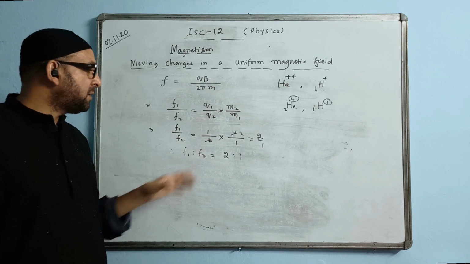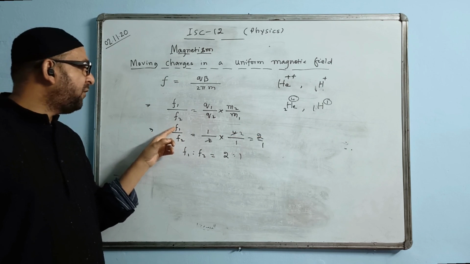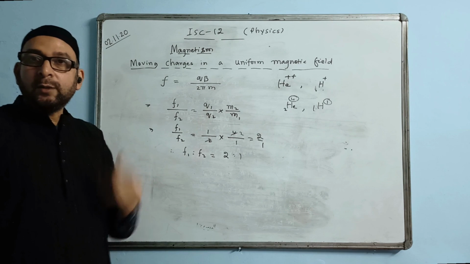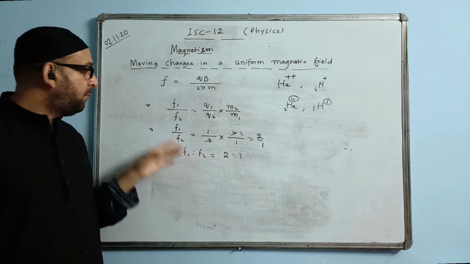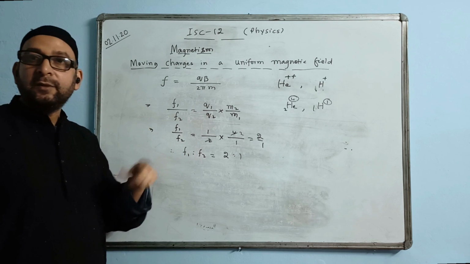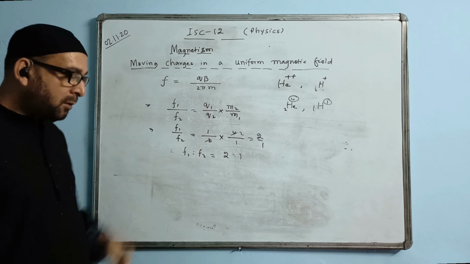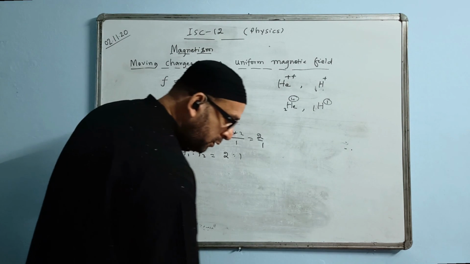But here in this case, F1 will be 2 times F2. That is, proton will be circulating 2 times faster than an alpha particle. The speed of rotation will be more per second. So this is the answer for this question.